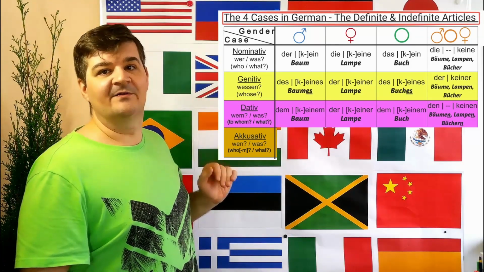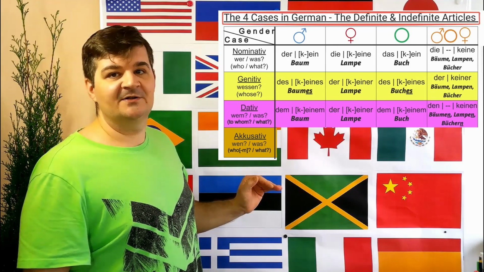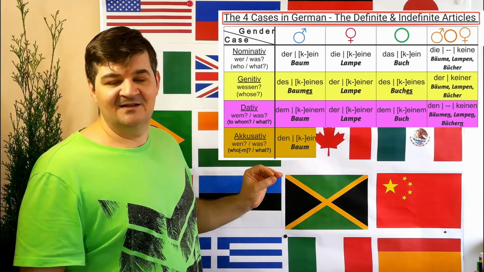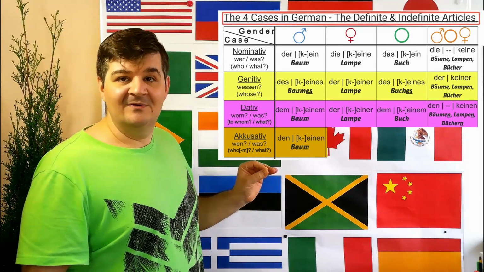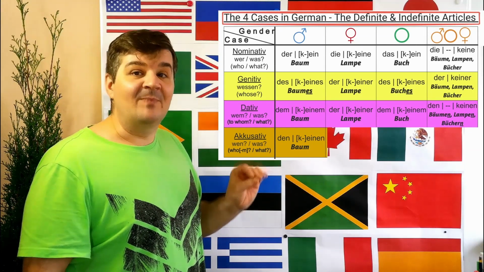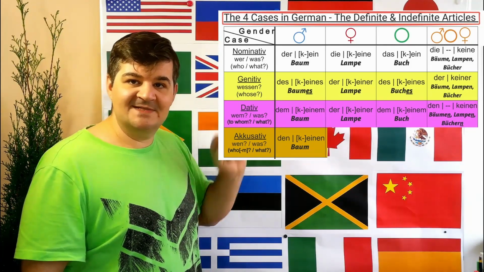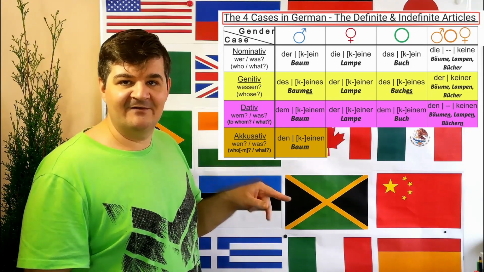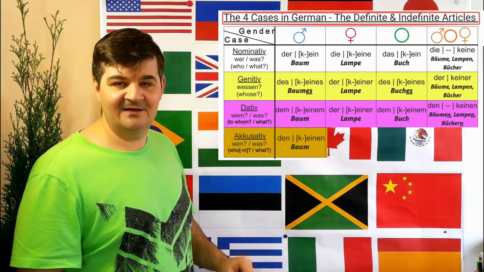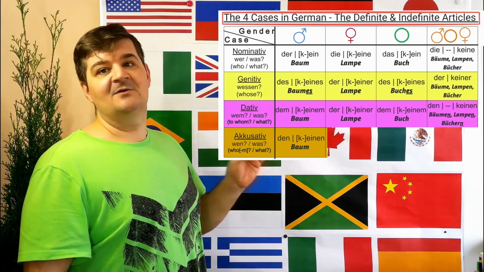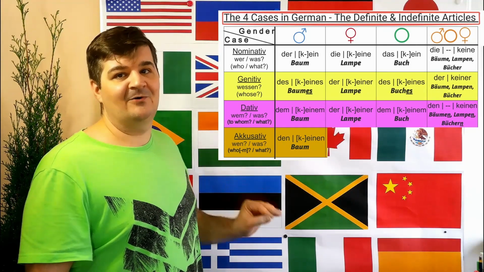But for the male gender, singular male gender, you will have den Baum, einen Baum, the N's here, similar to the M's in the dative case, you will have the N in the ending here. So einen Baum, and the opposite, keinen Baum.